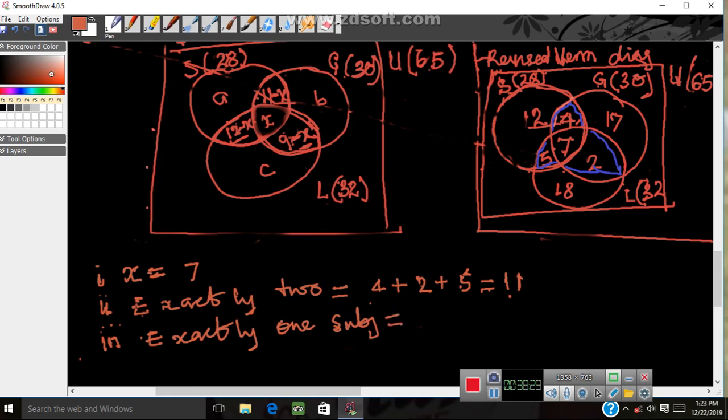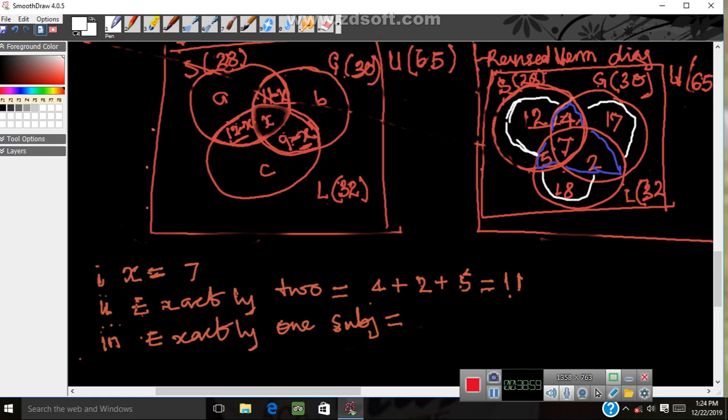So if this place is all three, and this section where I've marked blue is exactly two, then you can see exactly one. Let me use white ink. Exactly one will be those that are outside here, and this section too is exactly one. I'm just using different inks so that you can distinguish them.